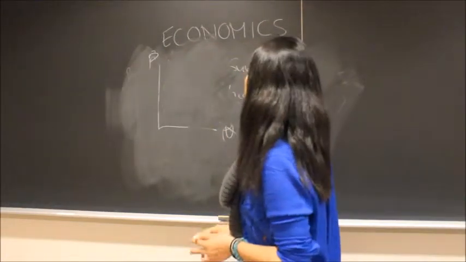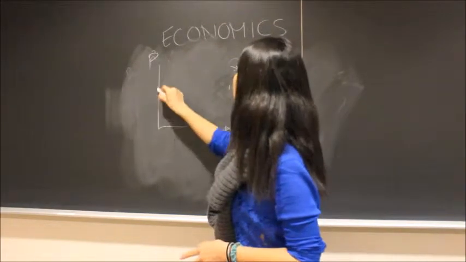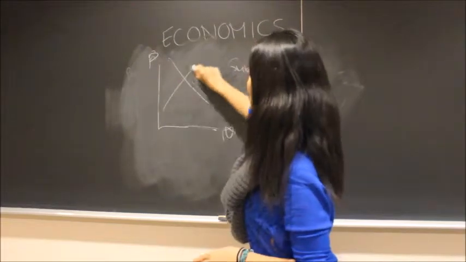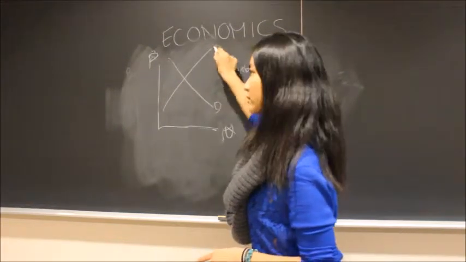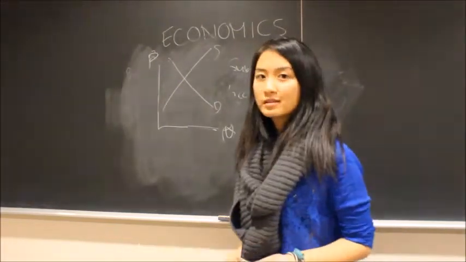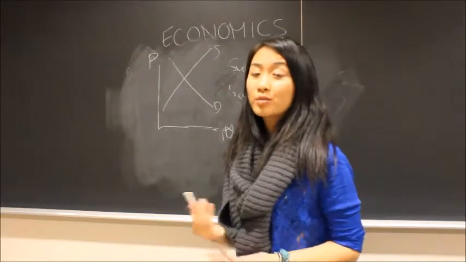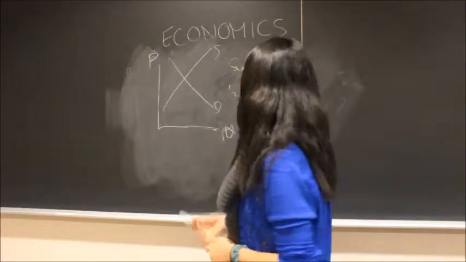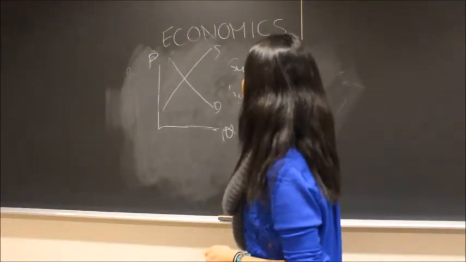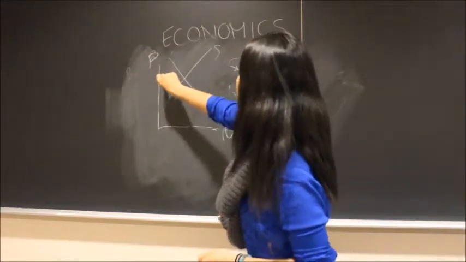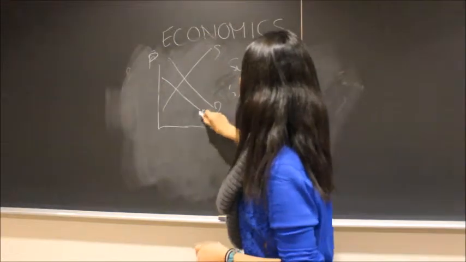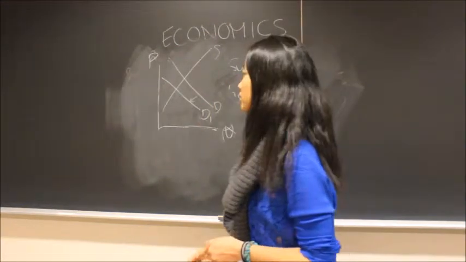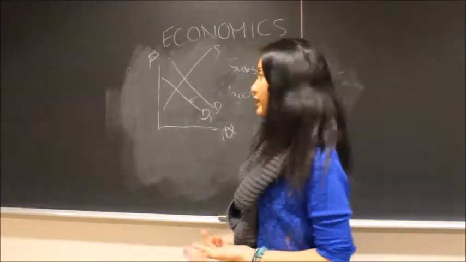And another example, let's say, same industry, butter industry, the price of margarine drops. So in that case, the price of margarine drops, there will be less demand because people are moving towards margarine, and that is a non-price factor.